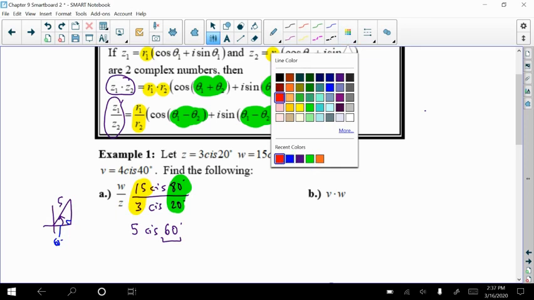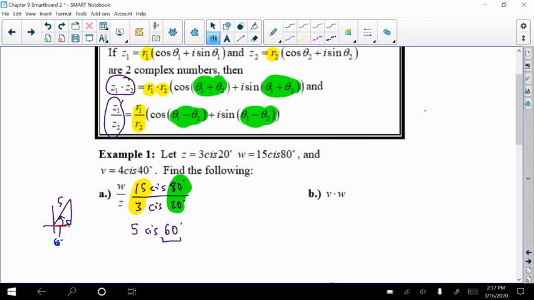So this side length right here is 5 over 2, and this length up here is 5 over 2 root 3, and it's in the i direction. So the answer is 5 over 2 plus 5 over 2 root 3 times i.